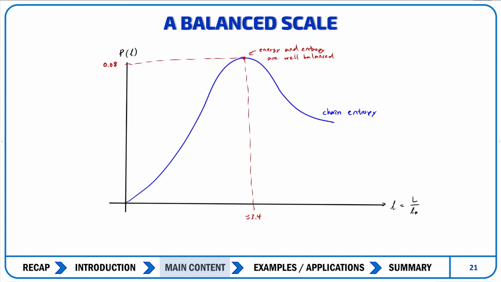So the trend basically states that higher probability of DNA step sizes or lengths will occur when energy and entropy are balanced.